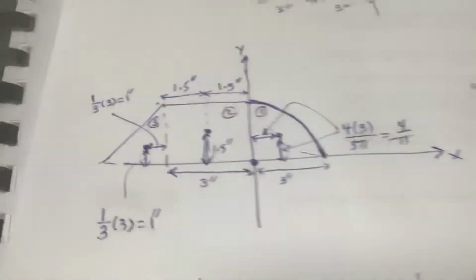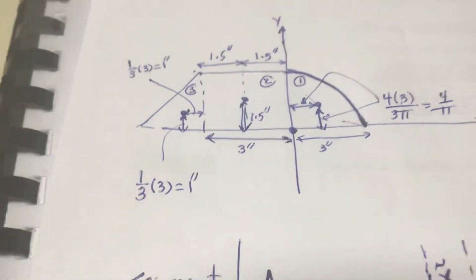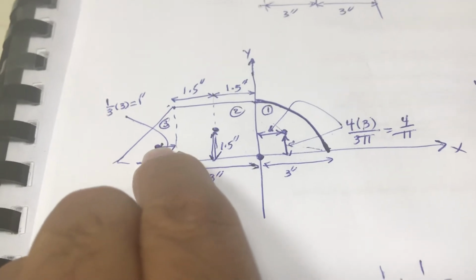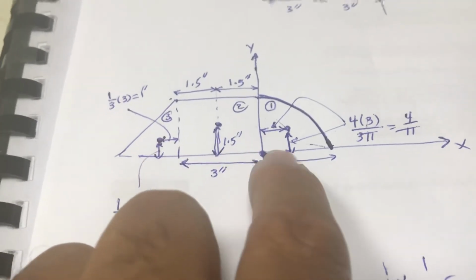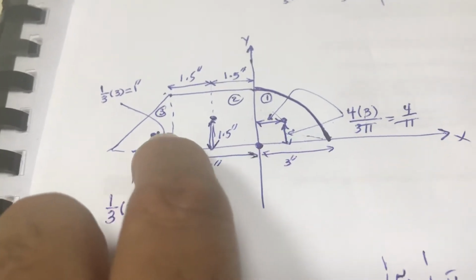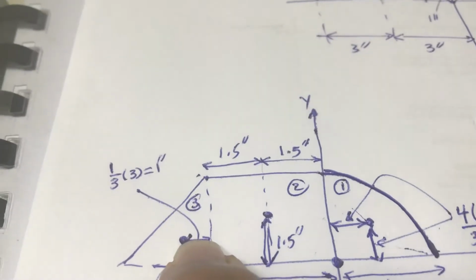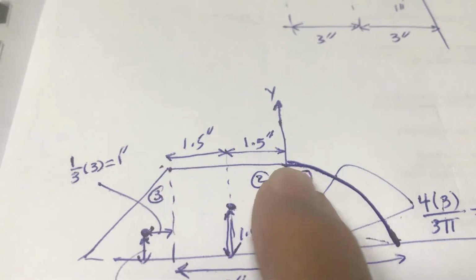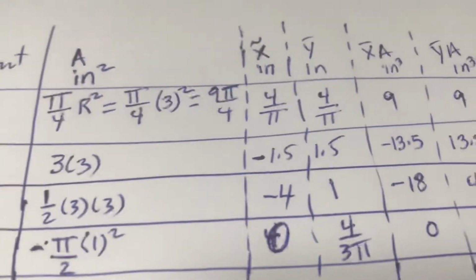Now let's look at the last segment. If you want to find out x bar, the distance from here to the y-axis, and again, this is in the negative axis. So this is 1/3 of the base. 1 plus 3, that's 4. And remember, this is negative, so minus 4.